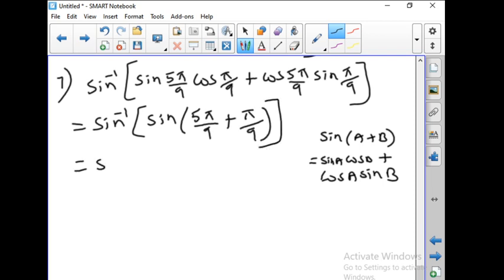So you get sin inverse of sin 6 pi by 9.